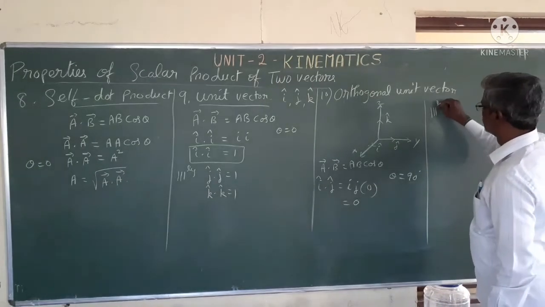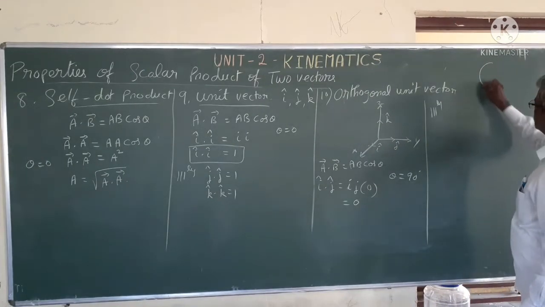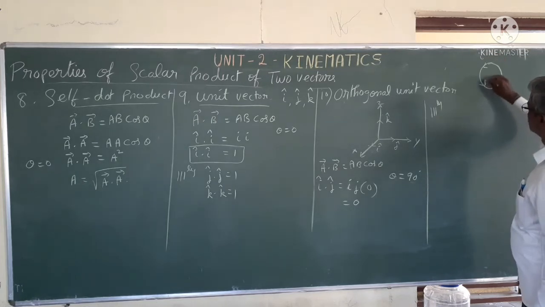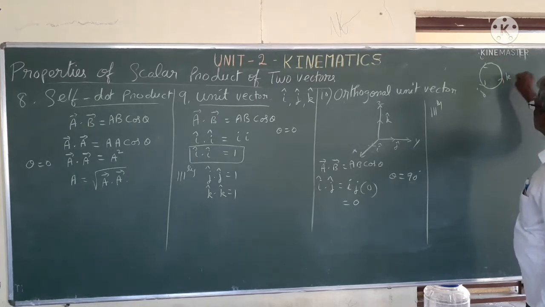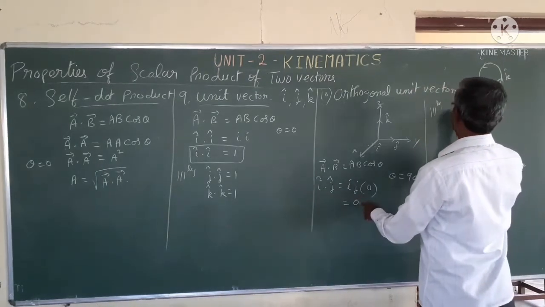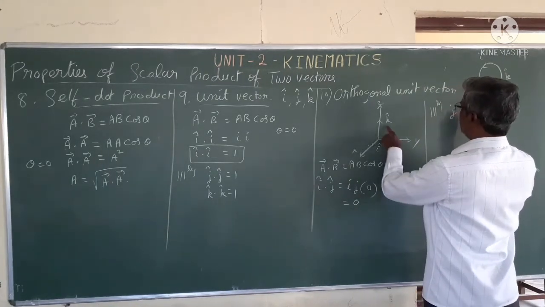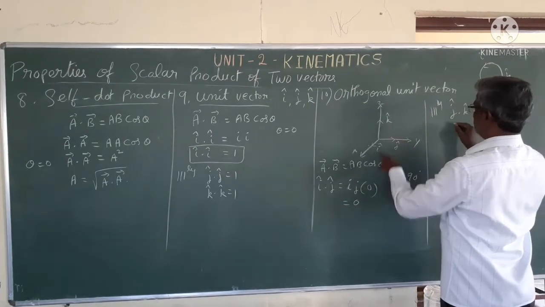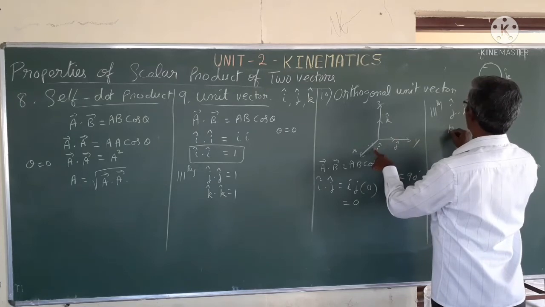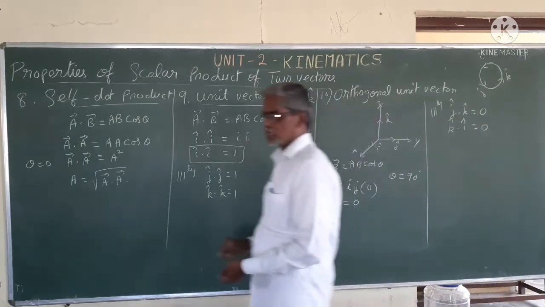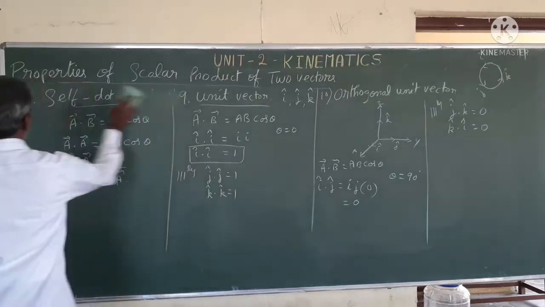Similarly, you can take this rule for I, J, K. So I dot J is equal to 0, J dot K is equal to 0, and K dot I is equal to 0.